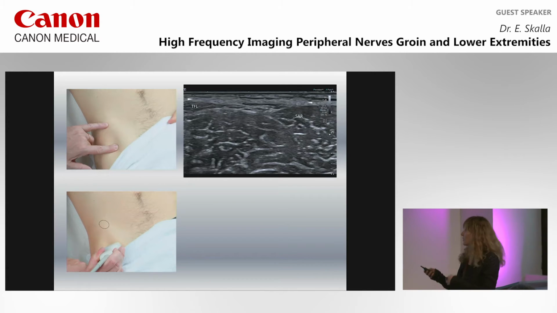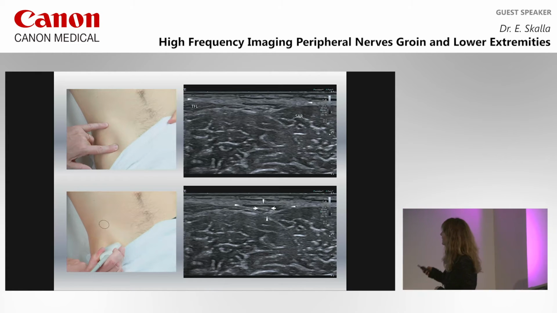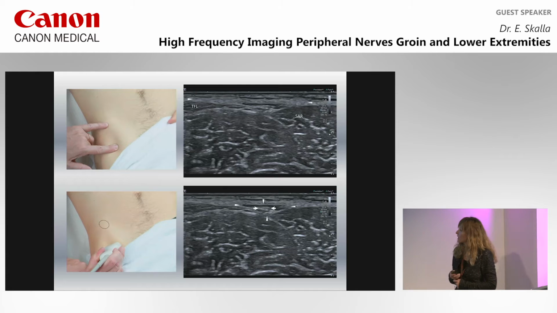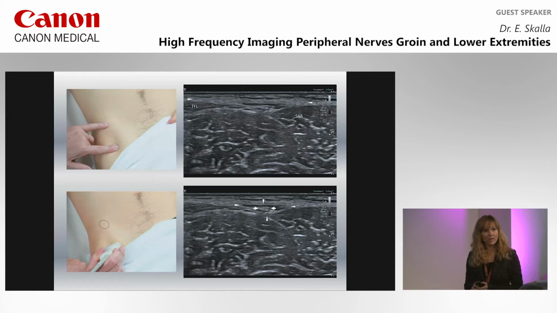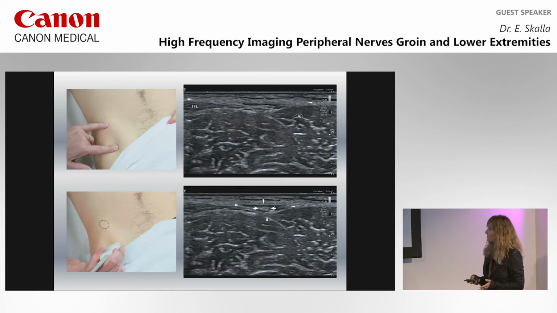You just follow those muscles upwards and downwards, and then you will identify this channel. In the center of these channels, we can find these cutaneous nerves, in this case the lateral femoral cutaneous nerve. When you have found it there, you can follow it upwards and see if it thickens at the iliac spine.